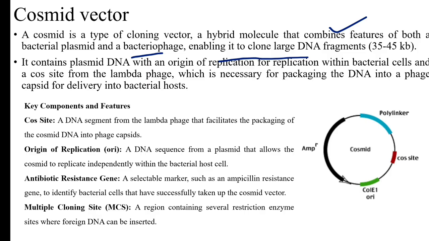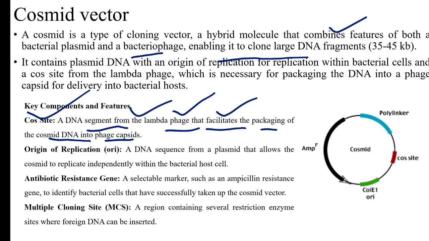What are the key components and features of a cosmid vector? One is the presence of the cos site. What is the cos site? A DNA segment from the lambda phage that facilitates the packaging of cosmid DNA into the phage capsid. Next is the ORI, or origin of replication, a DNA sequence from the plasmid that allows the cosmid to replicate independently within the bacterial host cell.